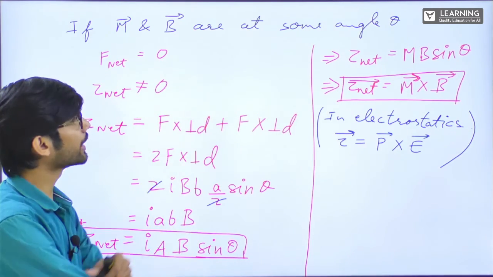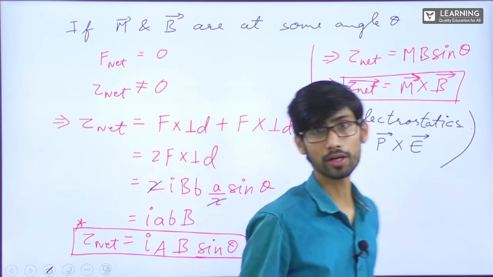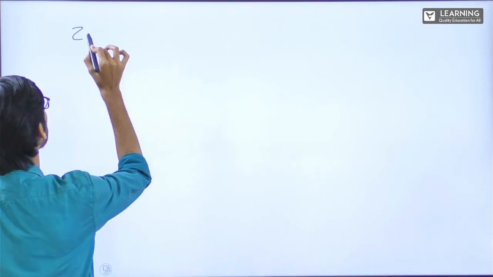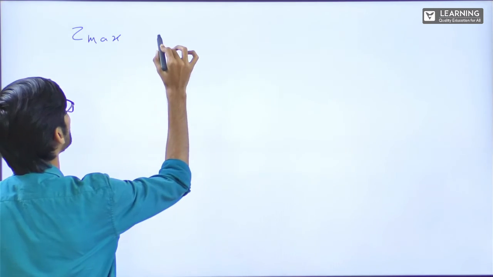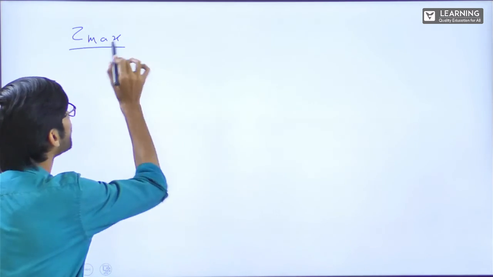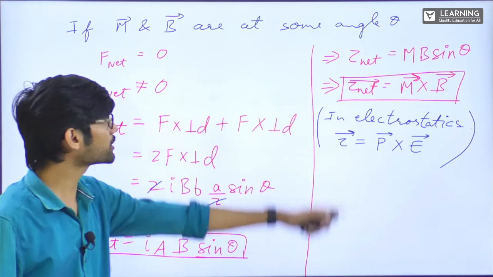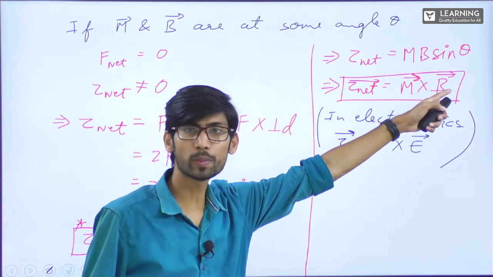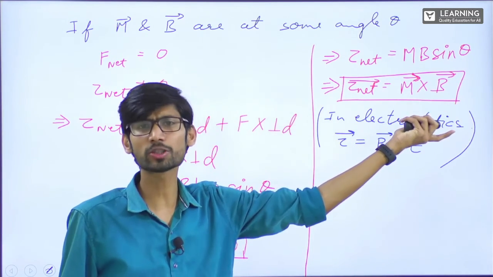Okay. Now if I talk about the maximum torque and the minimum torque, let's see. Torque maximum. For maximum torque, from this formula mB sin theta, for torque maximum, this theta should be 90 degrees, sin theta should be 1, right?